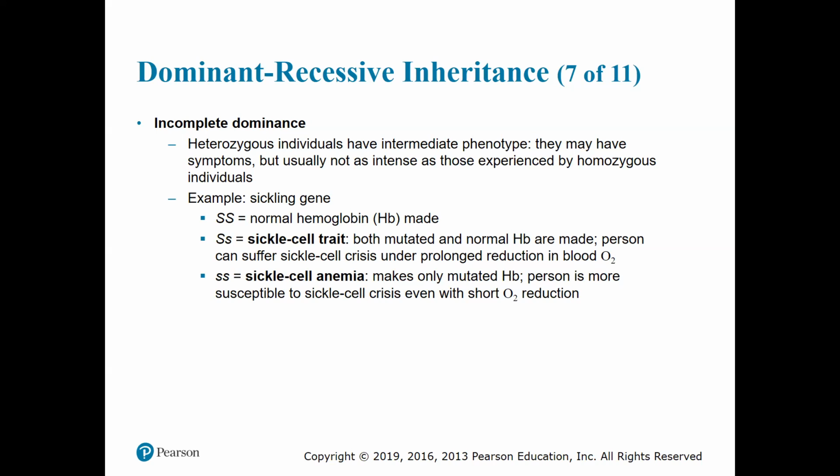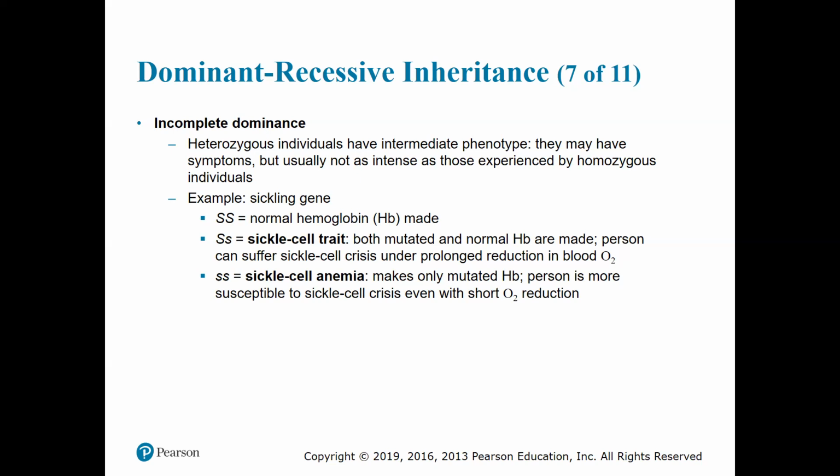So it's not that they have the condition, and it's not that they don't have the condition, they have a combination. So instead of 2 phenotypic expressions, there's 3. These individuals might have some symptoms, but they're typically less extreme than those who would have the homozygous presentation.